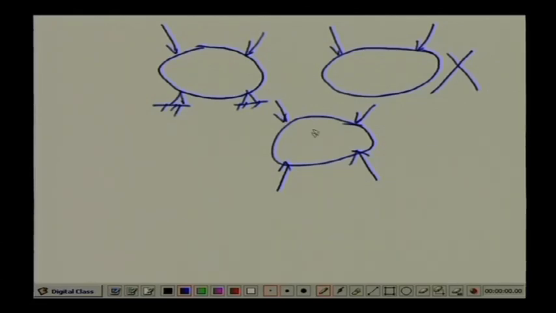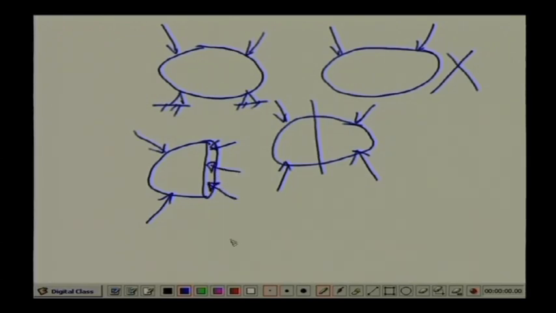Now, supposing we want to cut this body through a plane and separate it into 2 halves, then we have this half which is acted on by active and resistive forces. Also, at this section we will have resistive forces generated which will keep this part of the whole body in equilibrium.